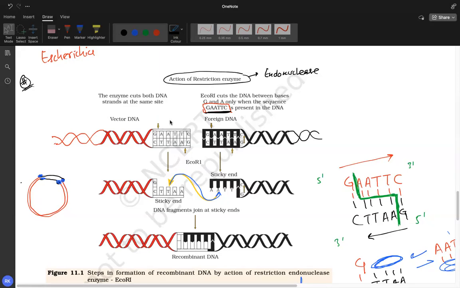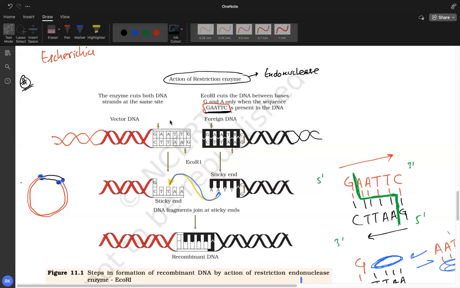It cuts between the sugar phosphate backbone. It doesn't cut between sugar and the base. So this is one neat question: restriction endonucleases cut between pentose sugar and phosphate, phosphate and nitrogenous base, sugar and nitrogenous base, all or none? Something like that. So it cuts between sugar phosphate backbones.